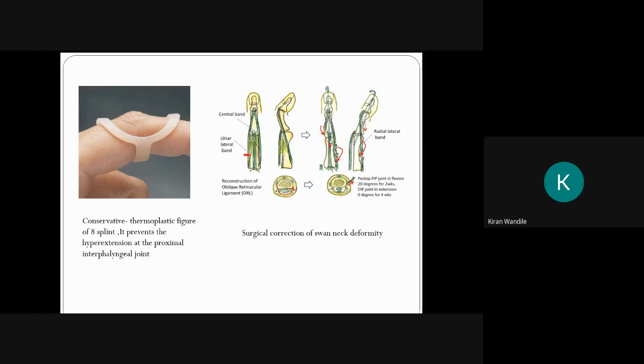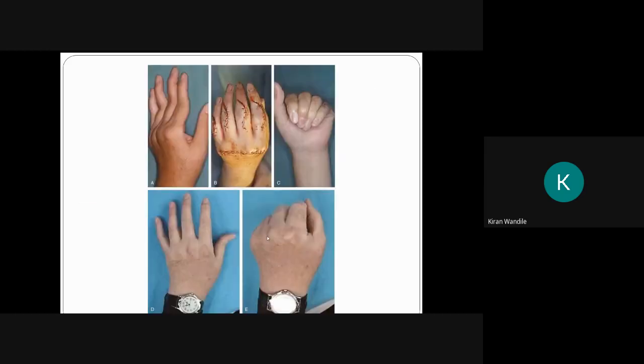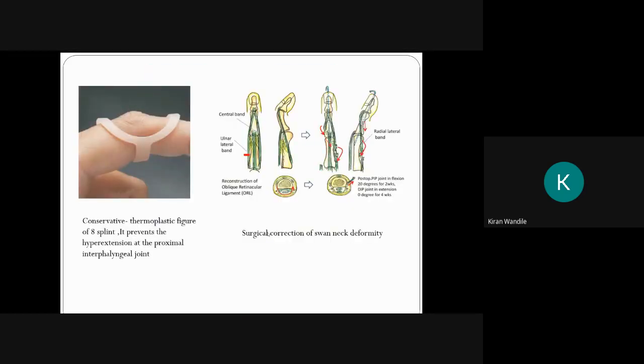The ulnar lateral band is turned around and fixed on the ulnar aspect, so that will counteract the deformity. You don't need to go into details, just remember spiral oblique ligament reconstruction is done.